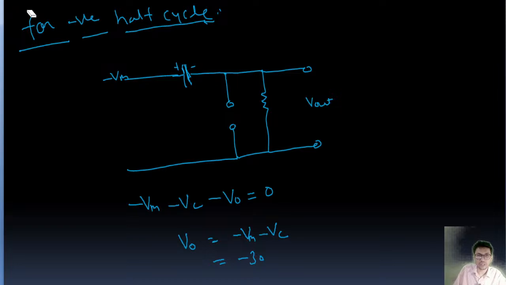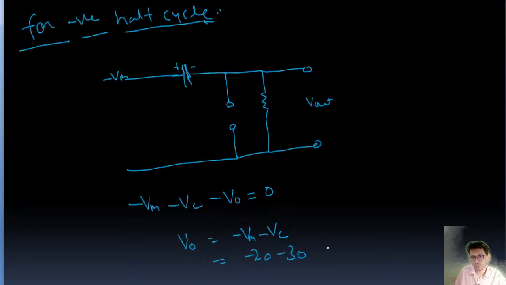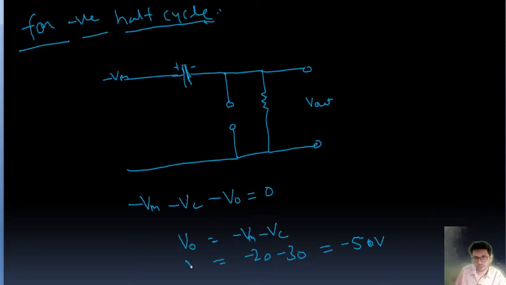Vm is minus 20, as given in the question, and Vc is minus 30, which we have already found. So this value is going to be minus 50 volt. This is V0, the V0 value, that is minus 50 volt.